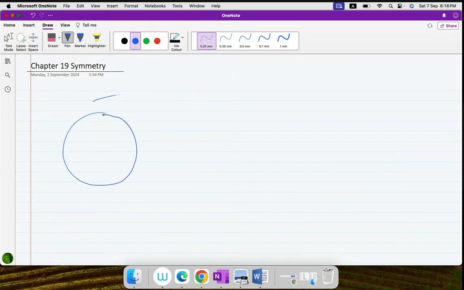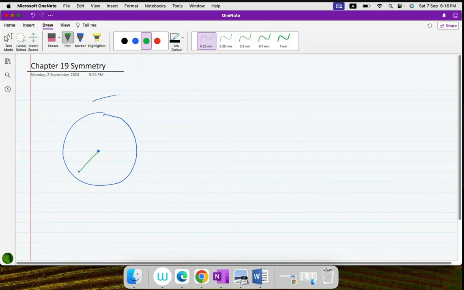You see this circle? This is the center. Radius, radius, and then the radius reflects back, hits and reflects back and meets at the circumference. So if this angle is x, this angle is 2x.